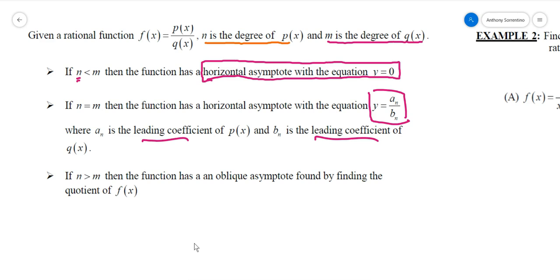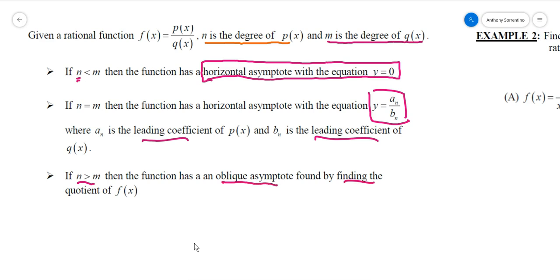Please make sure you know the leading coefficient does not mean the first coefficient you see. It's the one attached to the highest power of x, and also make sure that you're aware of the signage of those.